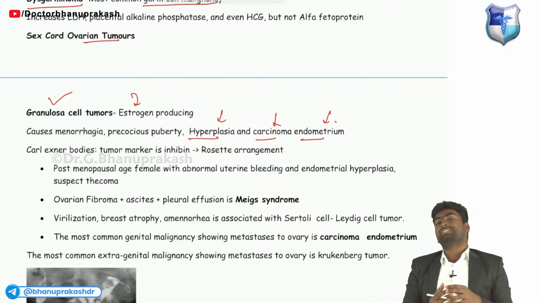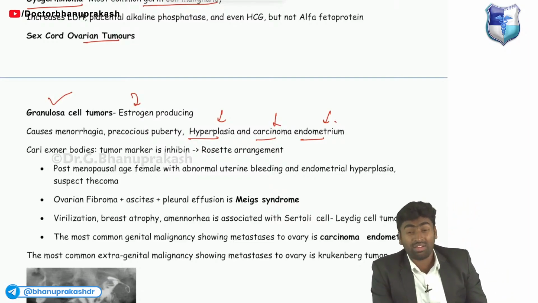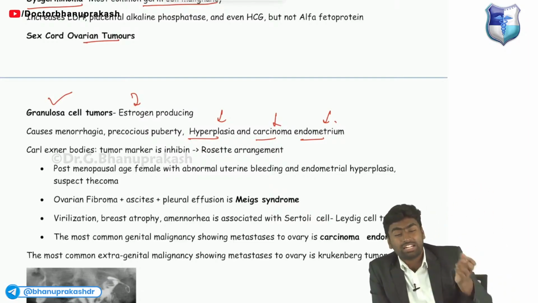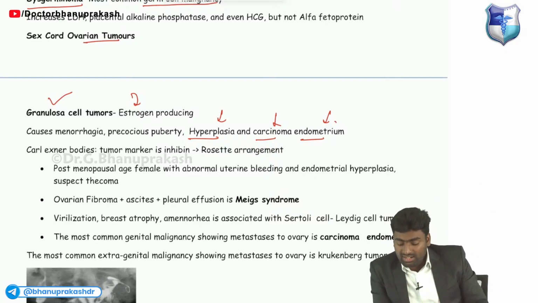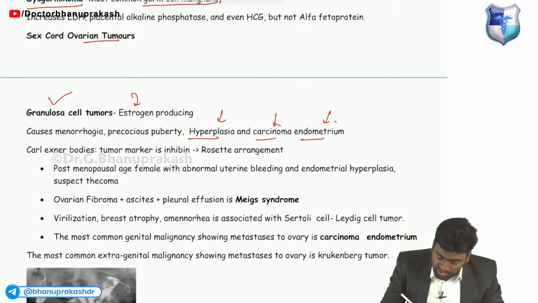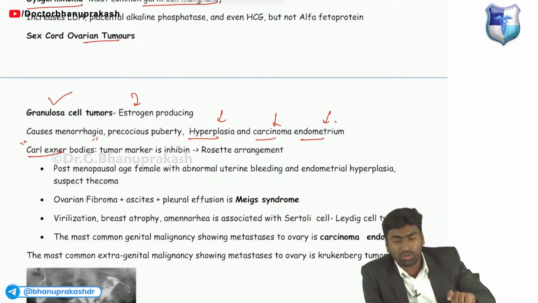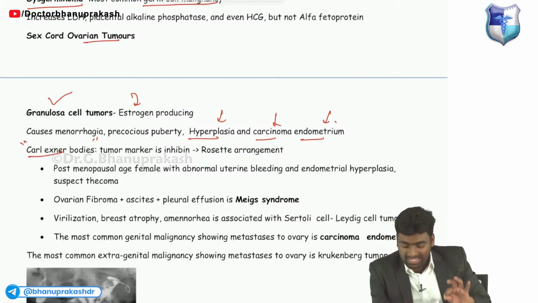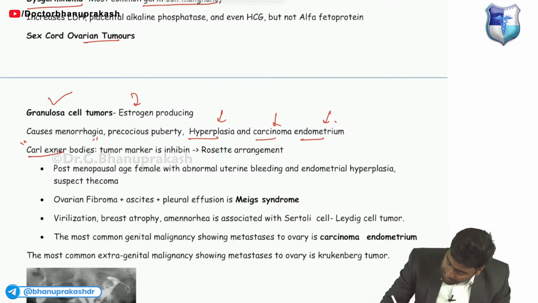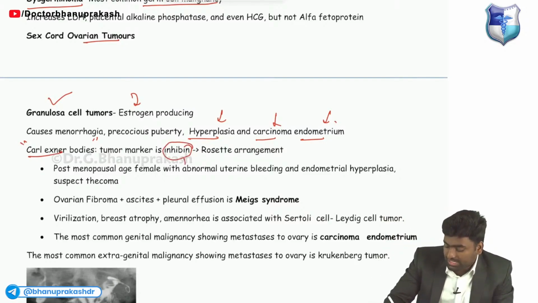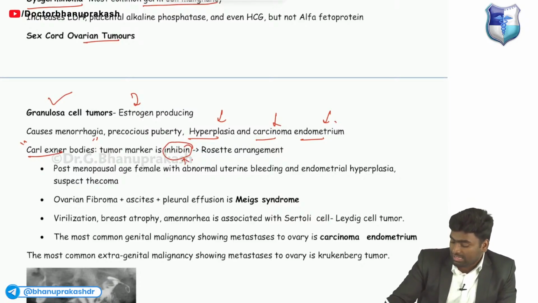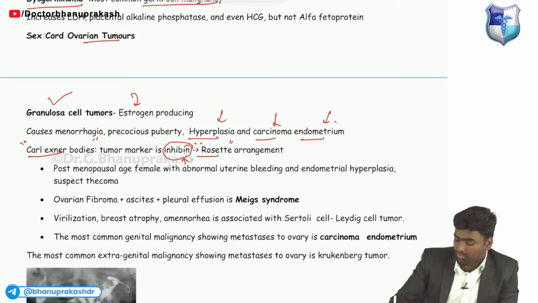So if they ask which of the following ovarian tumors can cause estrogen production and endometrial hyperplasia, your answer should be granulosa cell tumor. And here you will be able to see Call-Exner bodies, with nuclear grooving. Fine. And the marker you will use is inhibin. And here the cells are arranged in a rosette formation.